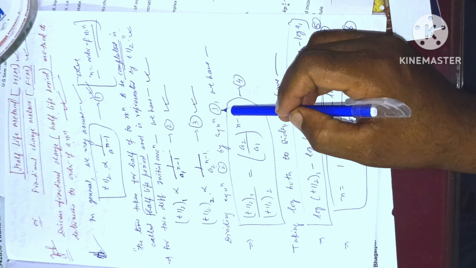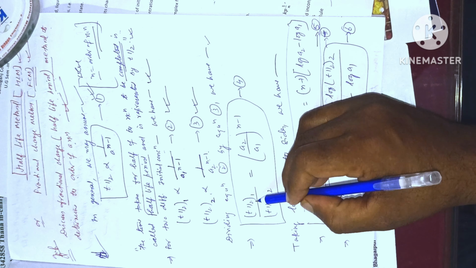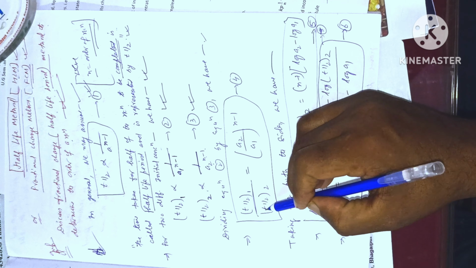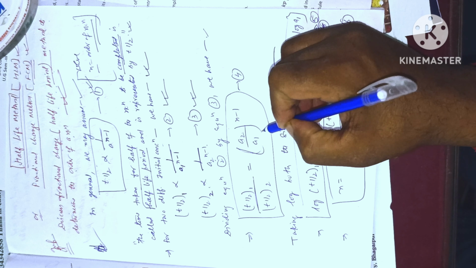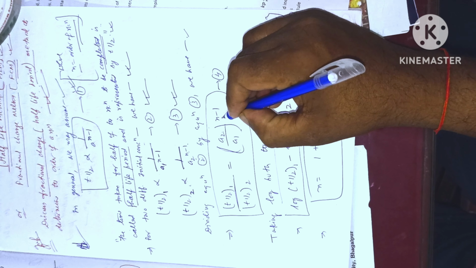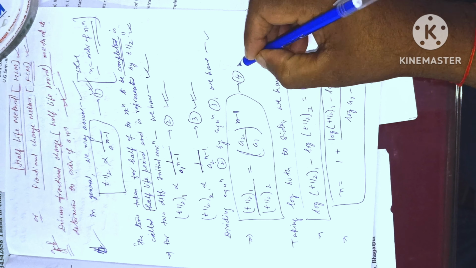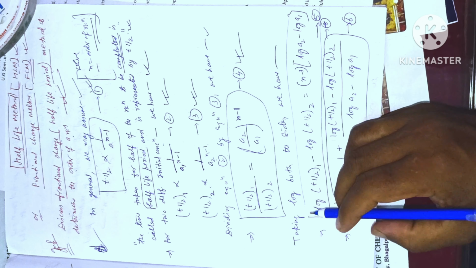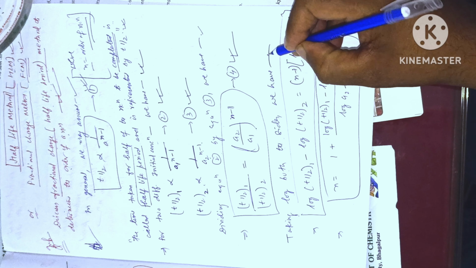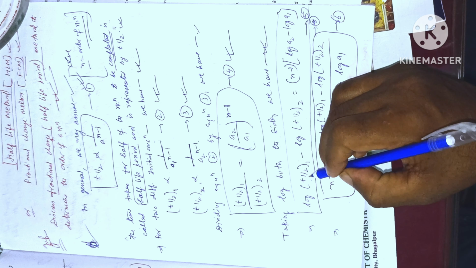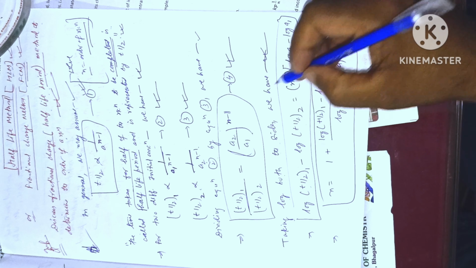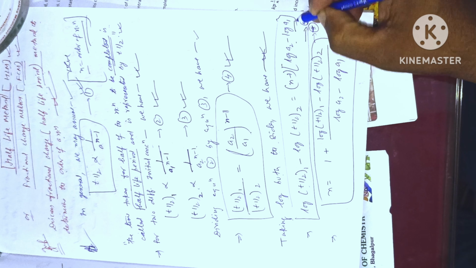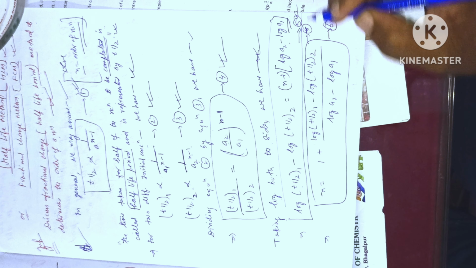Dividing equation 2 by equation 3, we have T half 1 divided by T half 2 is equal to (A2 upon A1) whole to the power n minus 1, say equation number 4. Taking log on both sides, we have log T half 1 minus log T half 2 is equal to n minus 1 times (log A2 minus log A1), say equation number 5.